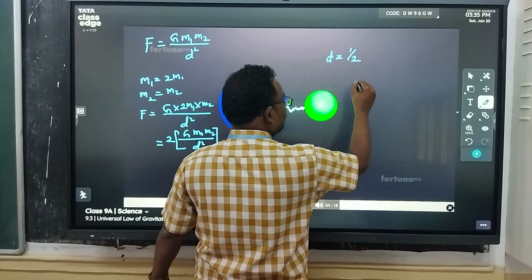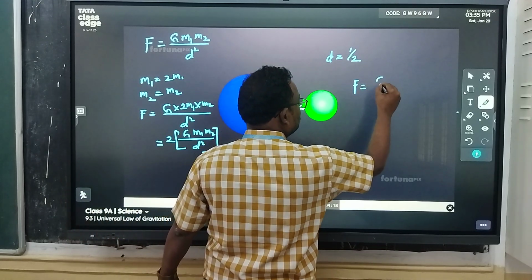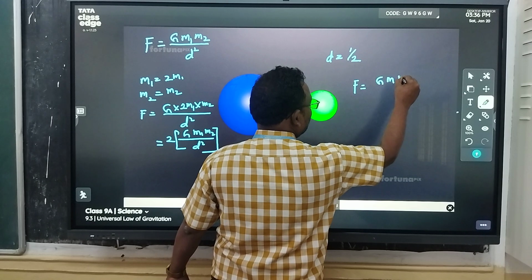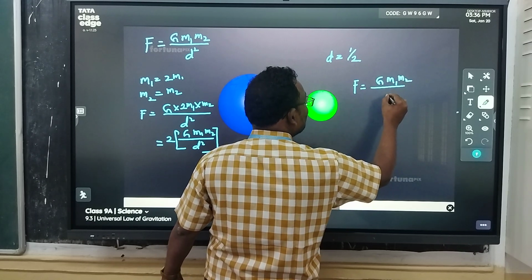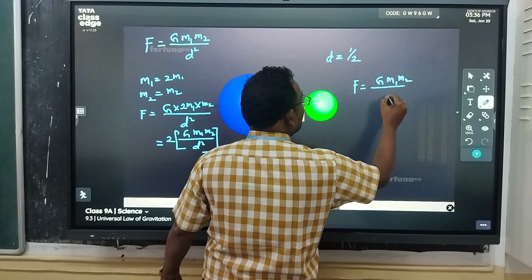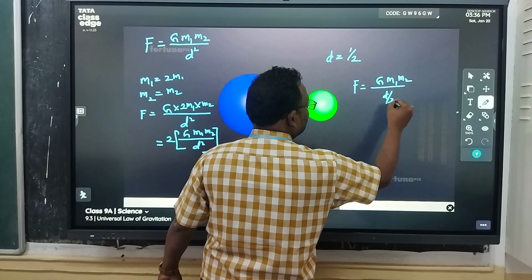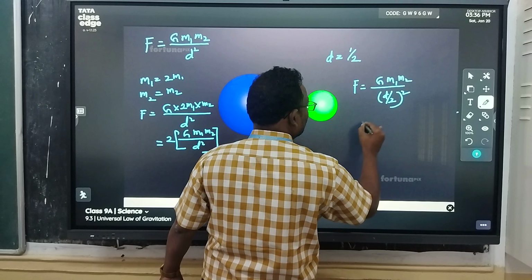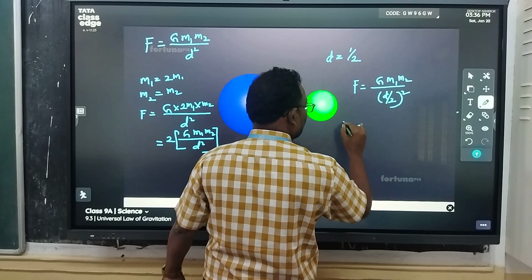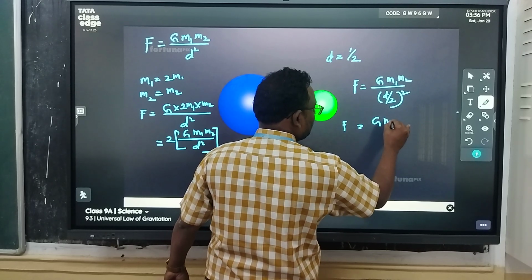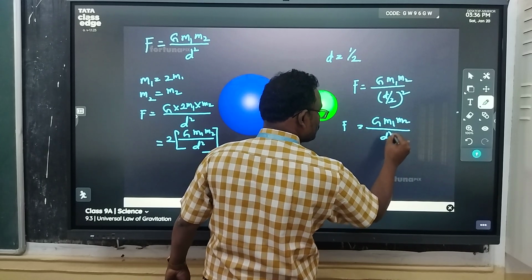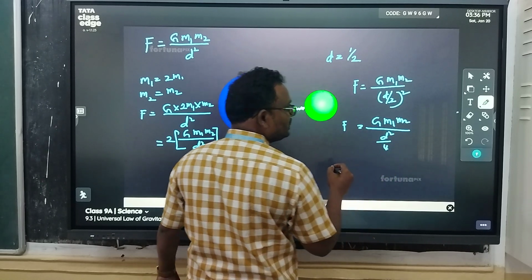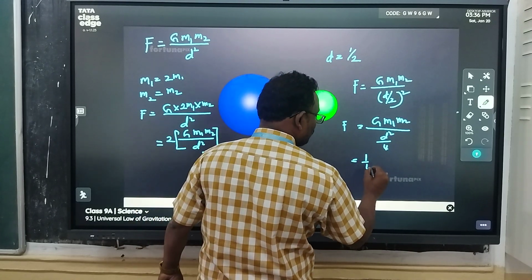From F is equal to G m1 m2 by d square, with the d value halved, it becomes d by 2 whole square. That gives F equal to G m1 m2 by d square by 4. Nothing but it becomes 1/4.